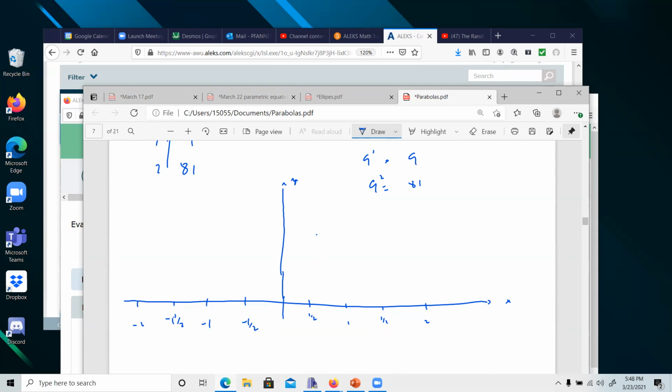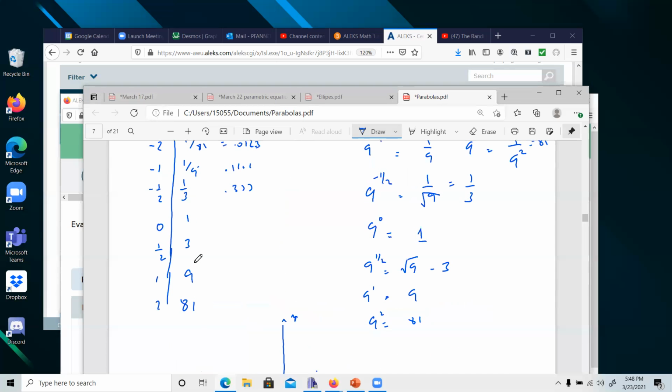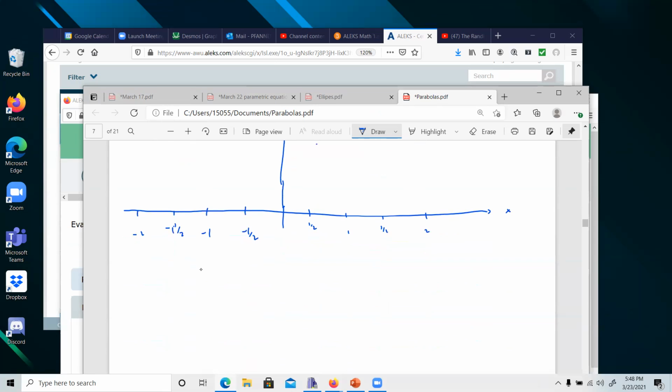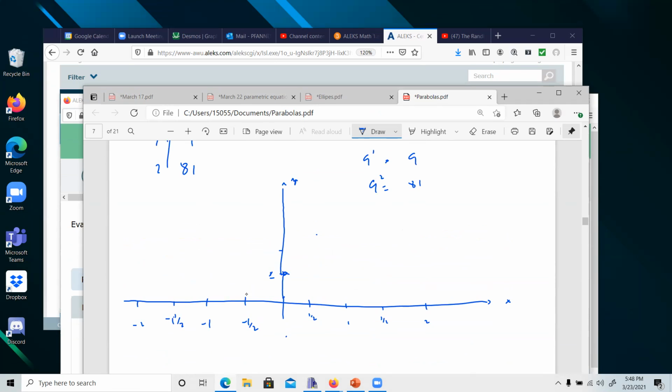Now what we're going to do is see what my y values are. When x was 0, y was 1. When x was a half, we were at the square root, or we were just at 3. When we were at 1, oh, you know what? I'm going to change my scale a little bit. That's not going to work out.